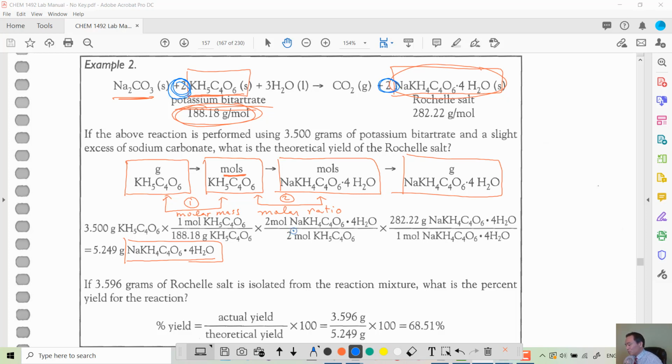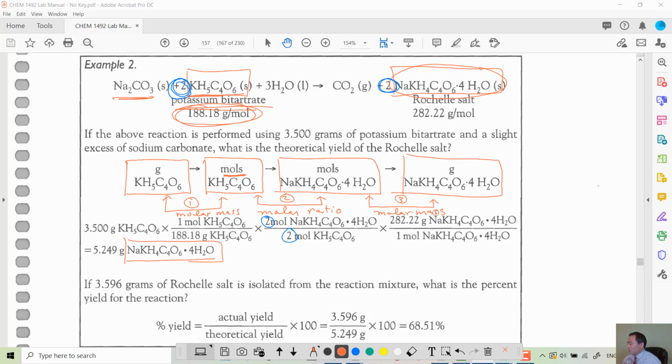That's how you get these number 2's over here. Right. For step 3, it's moles of product converted to grams of product. For this step 3, it's the mole and gram relationship. That's called the molar mass.